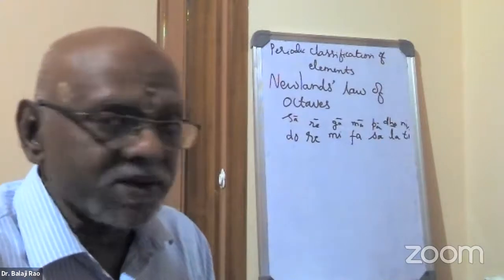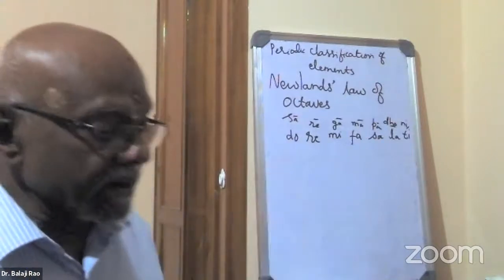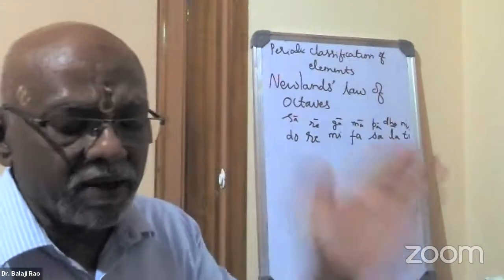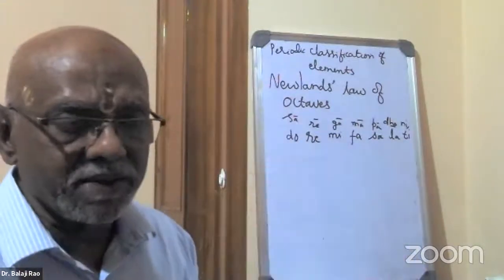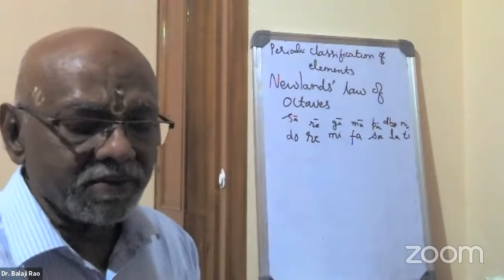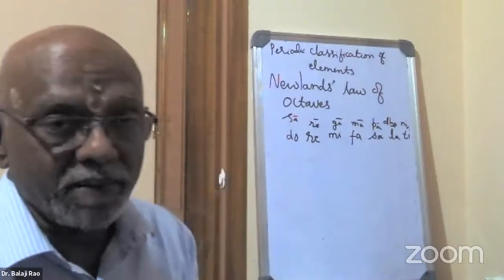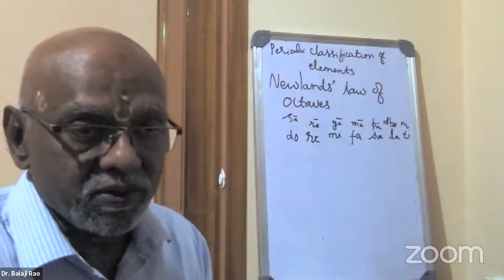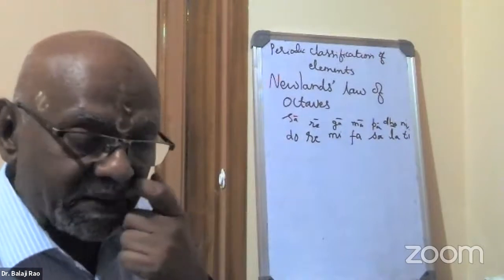Let us see if it works. Let me leave out hydrogen and helium, because they are two separate entities. We'll not talk about them because helium was not even known by then. Only hydrogen was known. So leaving hydrogen out, we start with elements like this.